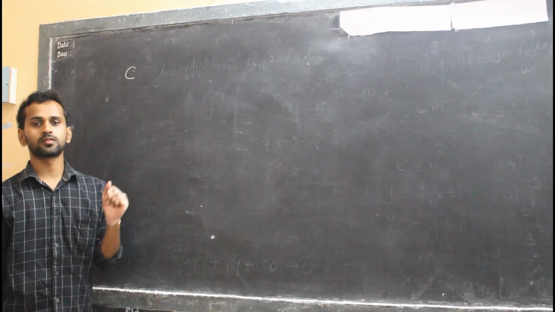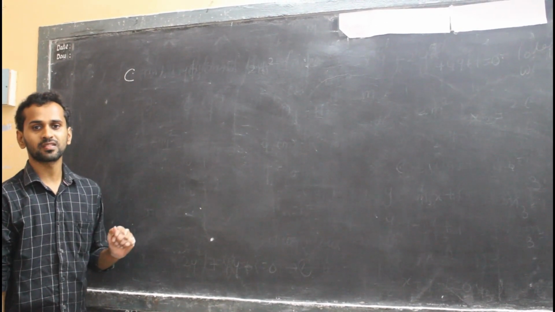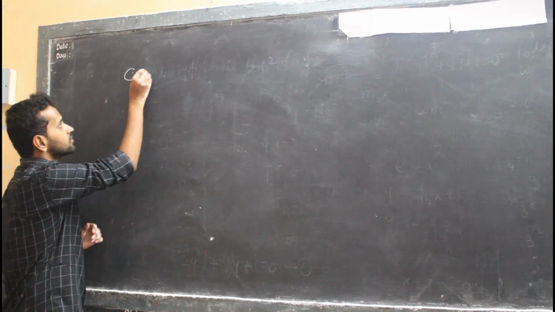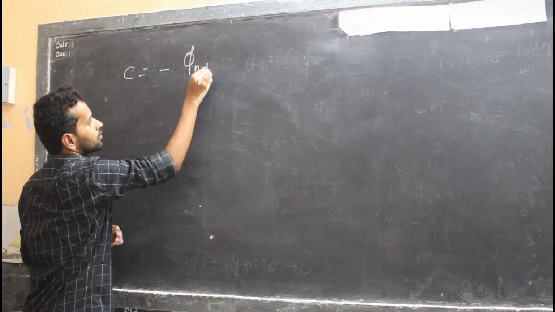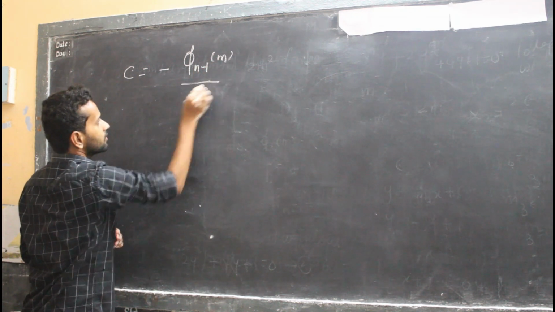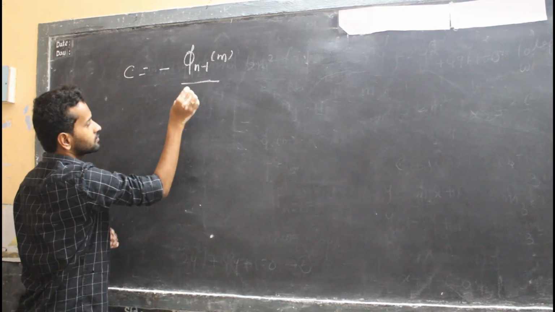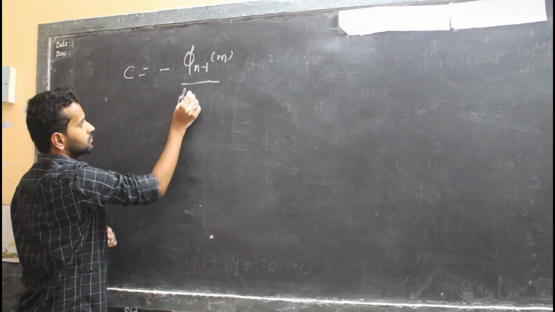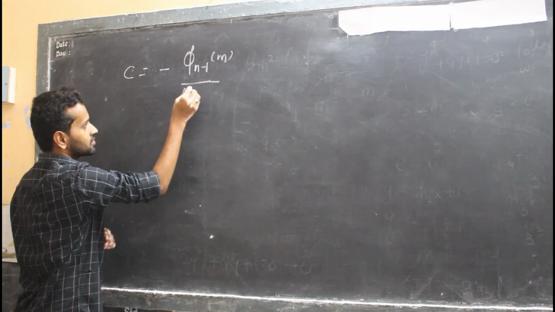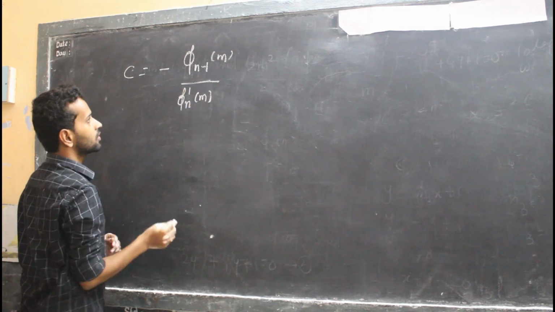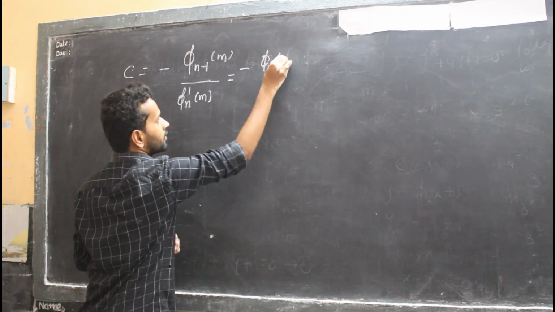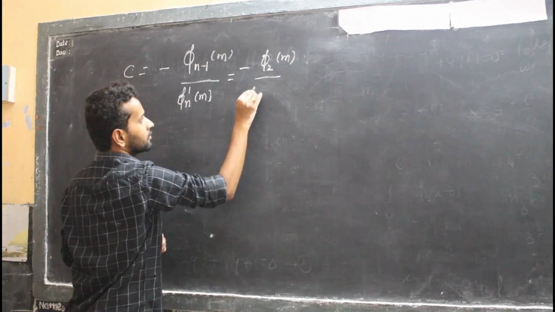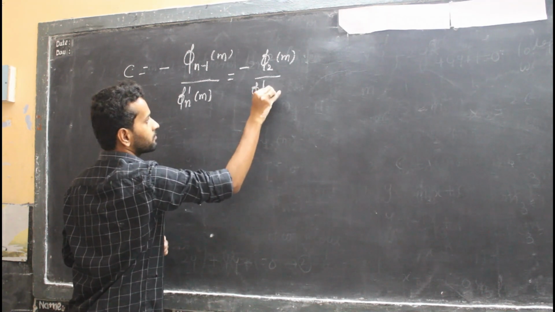We found the m values. Once we found the m values, we go for the c value. We know that c equal to minus phi n minus 1 of m divided by phi n dash of m. This becomes minus phi 2 of m divided by phi 3 dash of m.